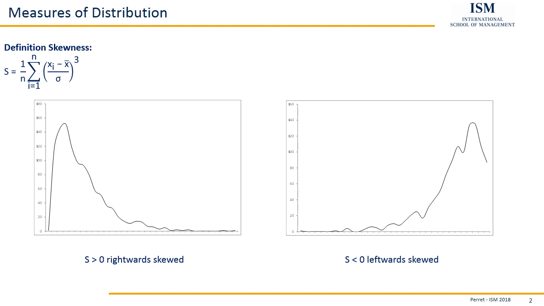We can also explain this in a different way. Well, we have the definition for the skewness above. When this indicator is larger than 0, it's rightward skewed. If it's smaller than 0, it's leftward skewed. So, meaning if it's positive, this means values farther to the right, that's rightward skewed.